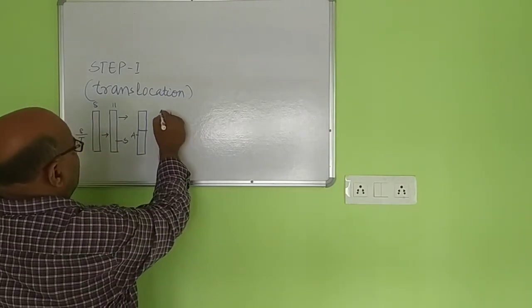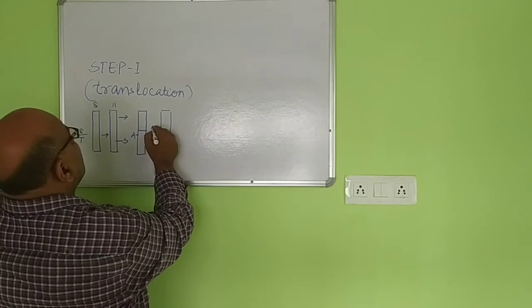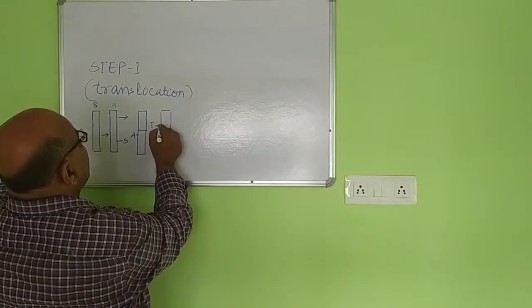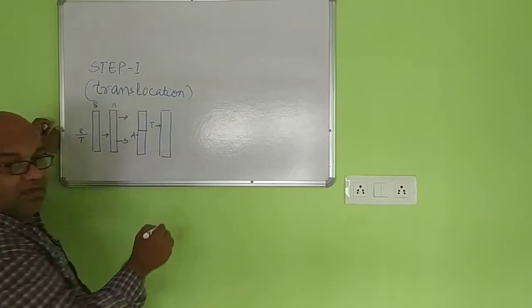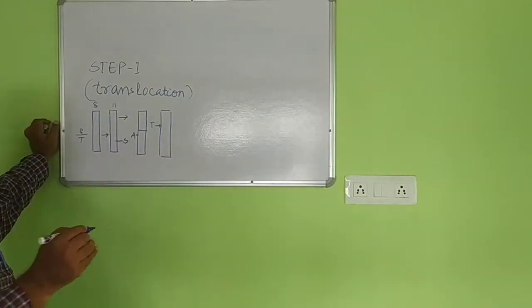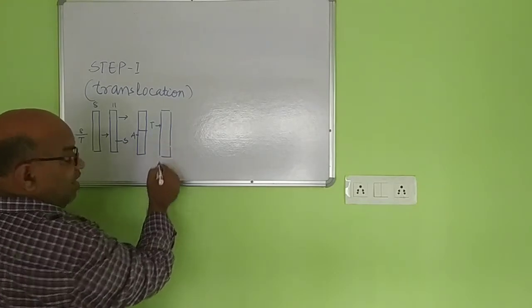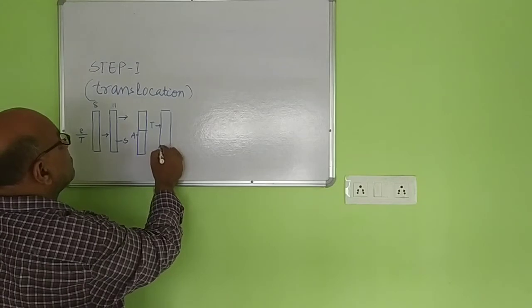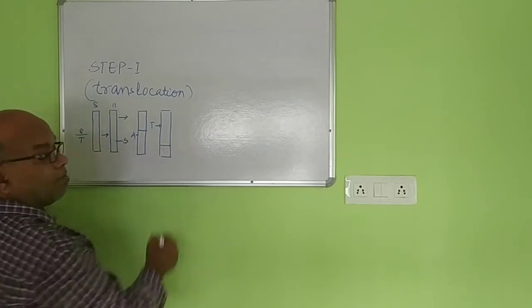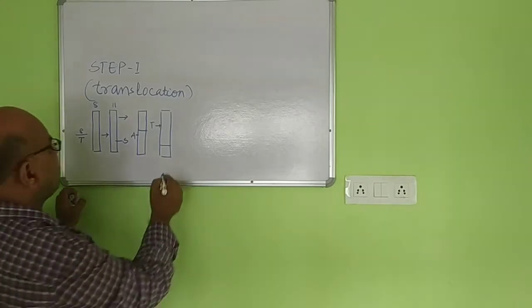There is another chromosome which will be present nearby. This will be T. T will also be connecting here along with the S. That's S. S is like here. Okay, this type of structure will be there.